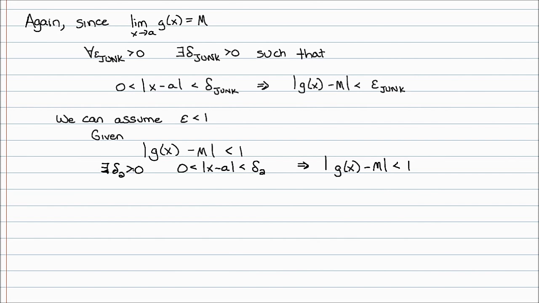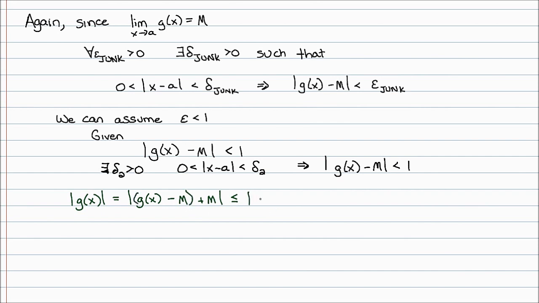Well, what's important here is that we can bound it by 1, because this will help us do the following. We want to actually bound g of x, right? Well, if you think about it, the absolute value of g of x is the same thing as the absolute value of g of x minus m plus m. So I haven't really done anything. But using a triangle inequality, I could break this up into this first group and that second group.